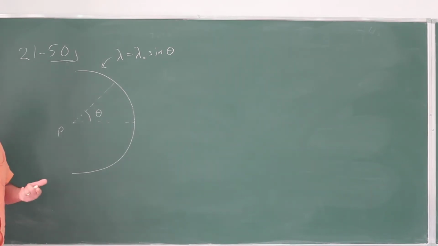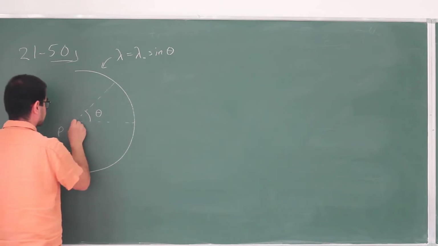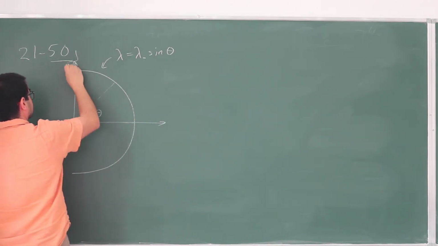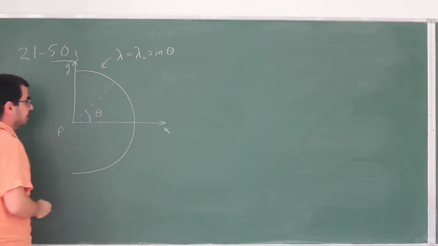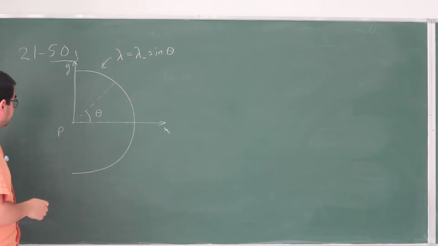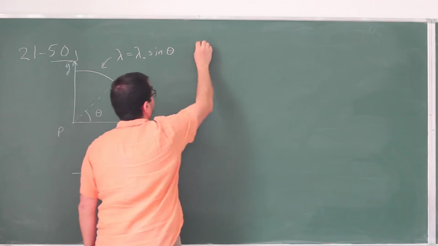In fact, they give you a coordinate system, so I'm going to draw the coordinate system with the origin at P. So this is Y, this is X. That's the angle it makes with the positive x-axis in the counterclockwise direction. And we are to calculate the electric field at point P.